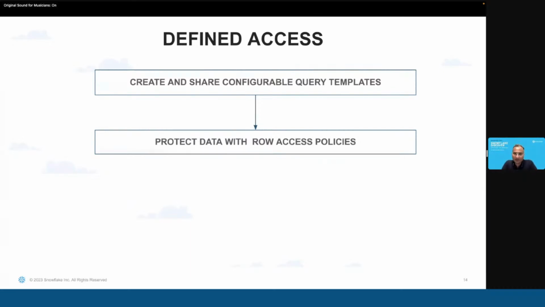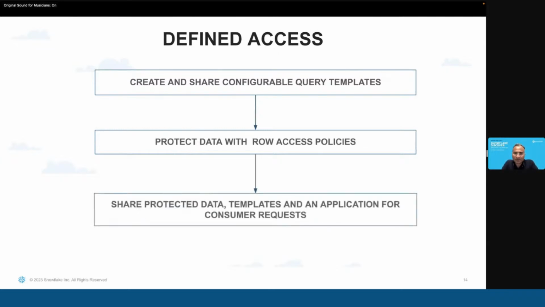So you can define who should see which row, which gives you an additional kind of governance. And then to access that data, you just allow your other party or consumers to go through that template, so that you can validate it and allow or disallow them to execute those queries.